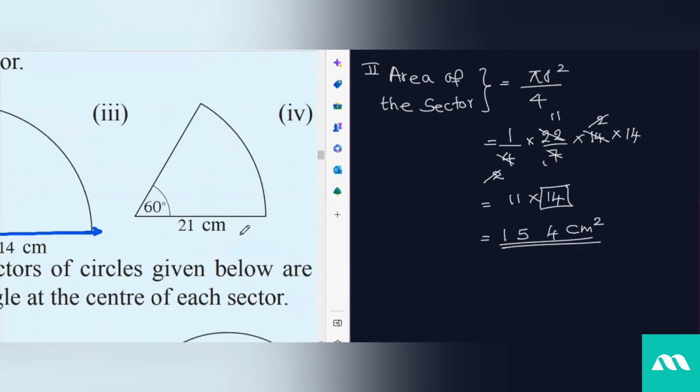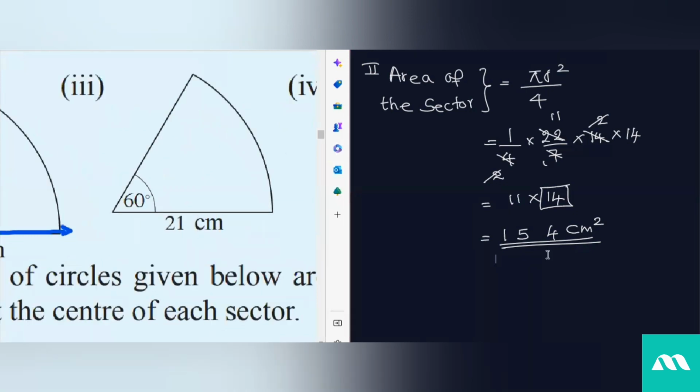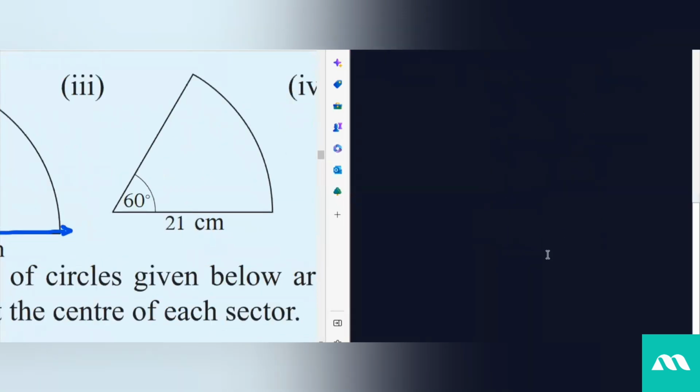Let's move to the third one. Now it is better to apply the formula to find the area of the sector.